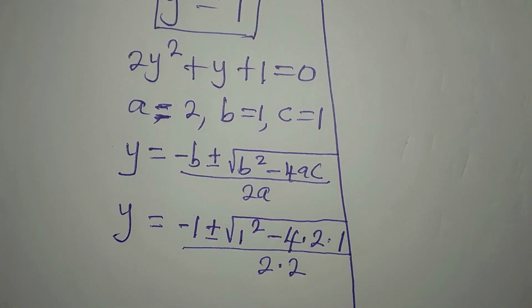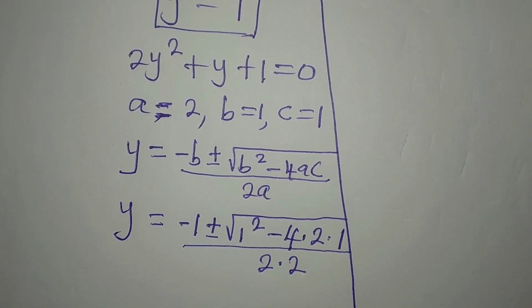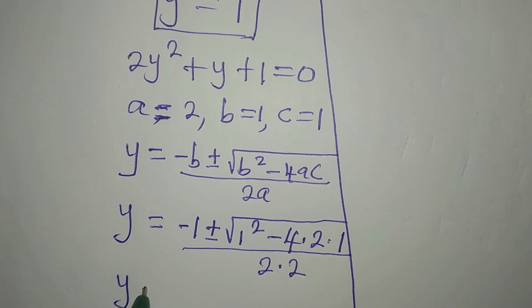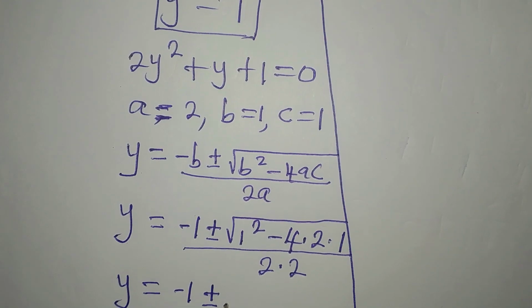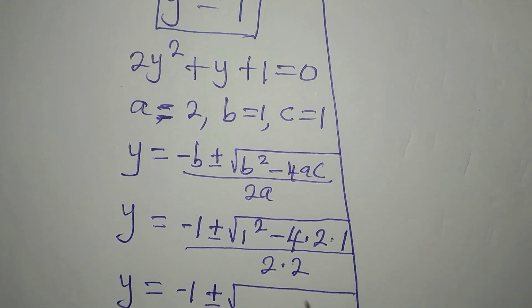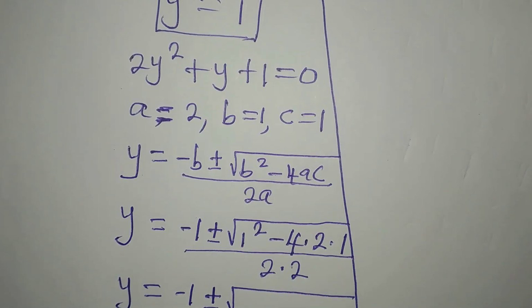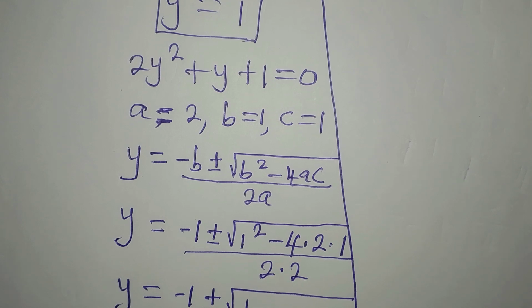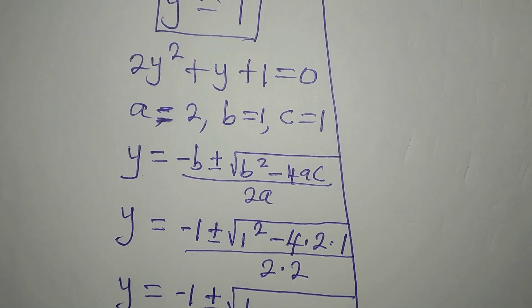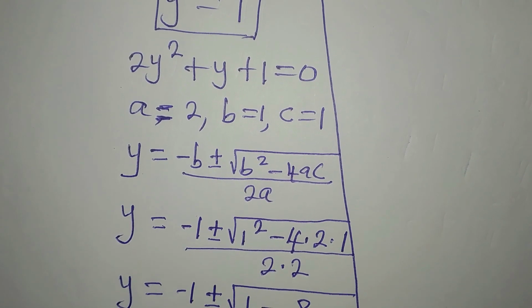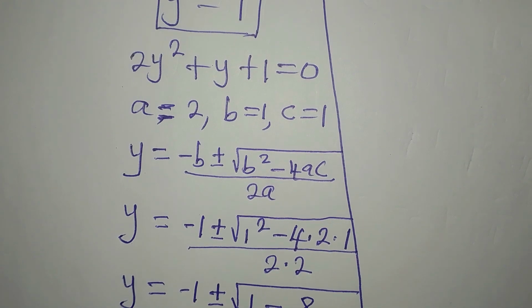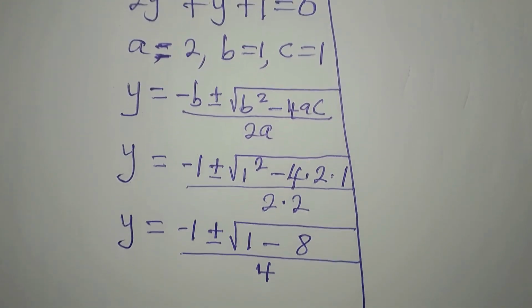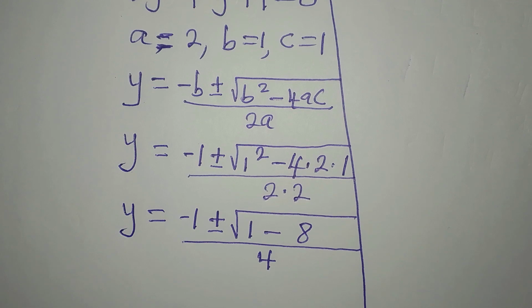This is because our a is 2. Now y from here will be minus 1 plus or minus square root of 1 squared, which is 1, minus 4 times 2 times 1, which is 8. Then we divide this by 4 because we have 2 times 2 underneath.